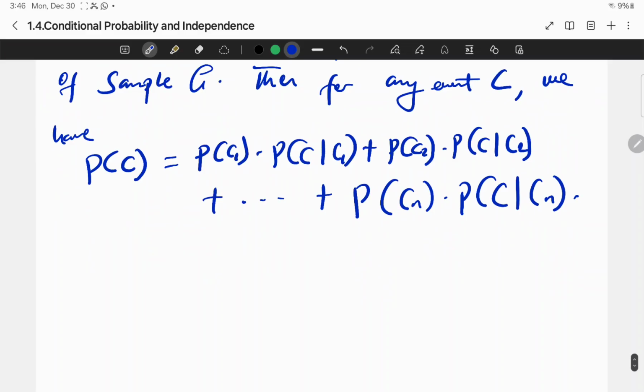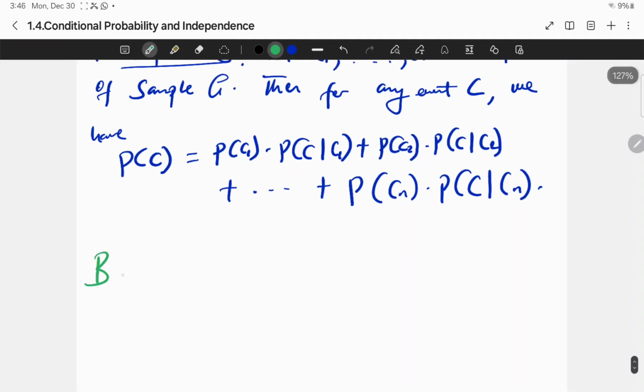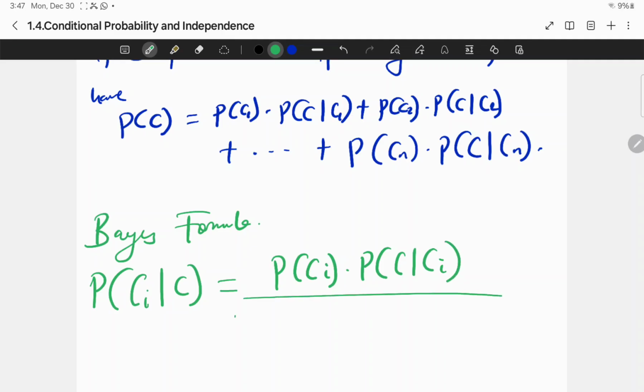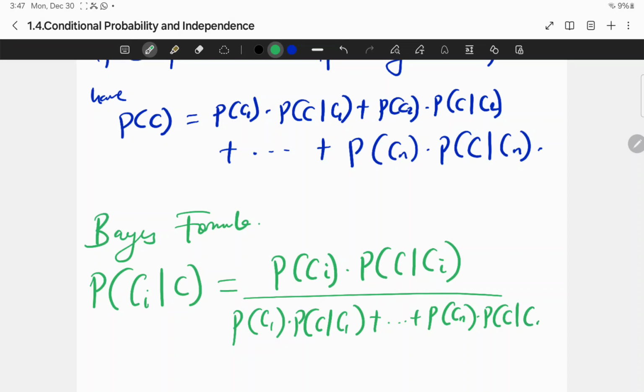So then we now define our Bayes formula. The probability of Ci given C is equal to the probability of Ci times the probability of C given Ci, over the probability of C1 times the probability of C given C1, plus ... plus the probability of Cn times the probability of C given Cn.